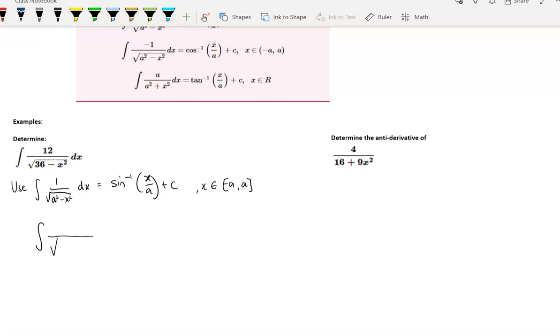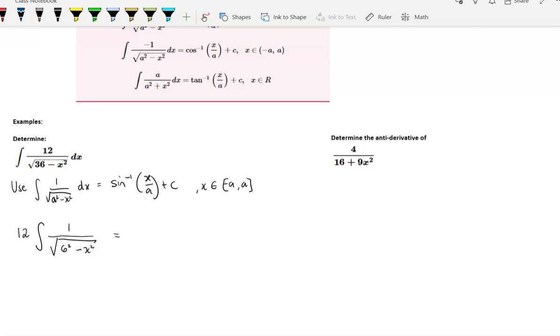So instead of writing 36, we're going to write it as 6 squared minus x squared. Hopefully that will identify very quickly that that's our a value. So that's all good, we've got our a value. What do we want on the numerator? We want 1. What have we got? 12. The beauty about integrals is that we can just take the factor of 12 out the front.